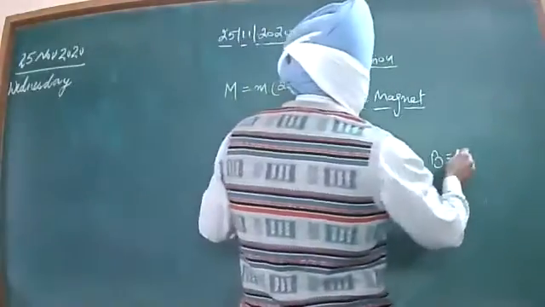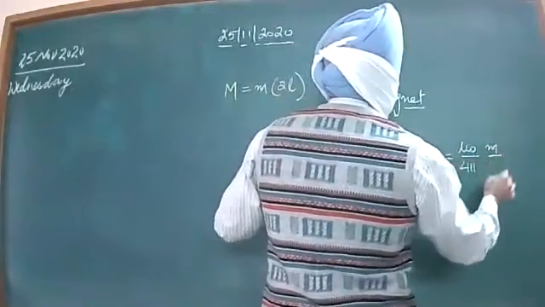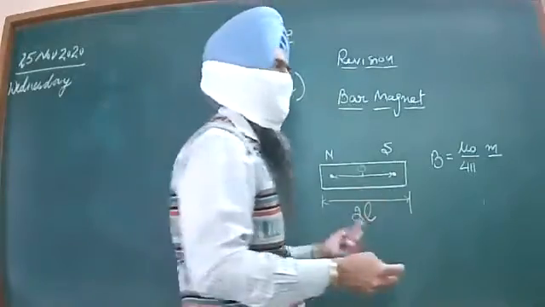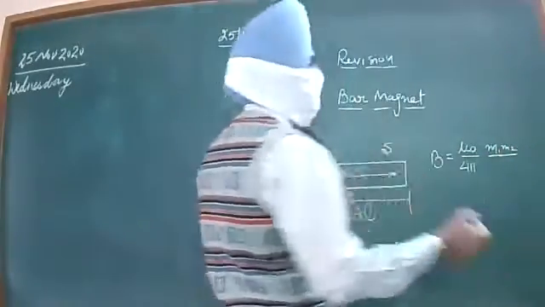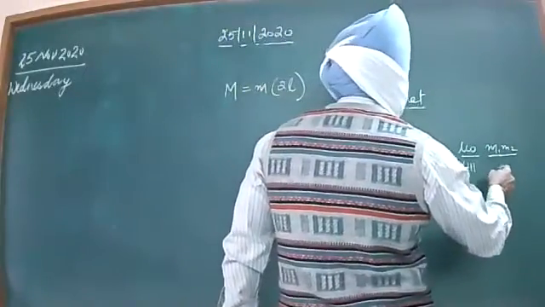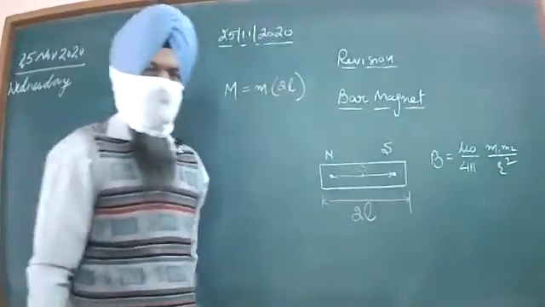will be equal to mu naught upon 4 pi, m1 of the pole strength you are talking about, and m2 the pole strength of the other pole about which you are calculating the magnetic strength at that point, divided by the square of the distance between the two.